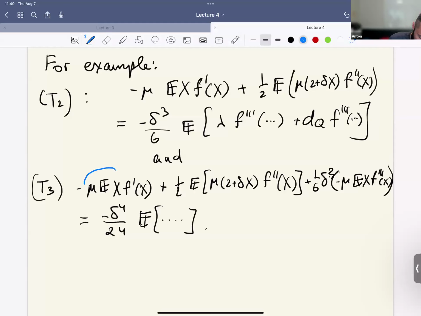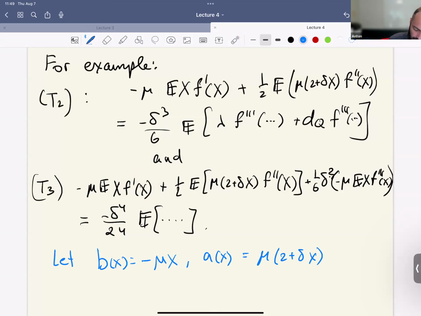So I'm going to call this, or let b of x be negative mu x. And this is the term appearing in front of f prime. a of x is mu 2 plus delta x. And this is the term appearing in front of f double prime.